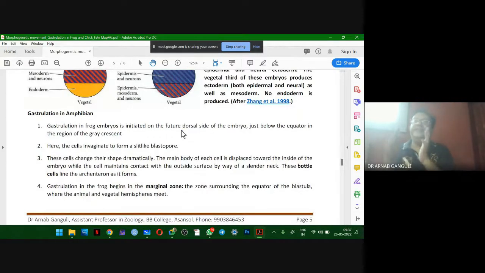When the gray crescent is formed, the gray crescent side becomes the dorsal, you have seen. So gastrulation is initiated on the future dorsal side of the embryo, just below the equator.